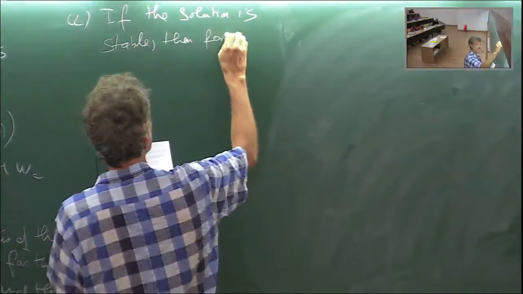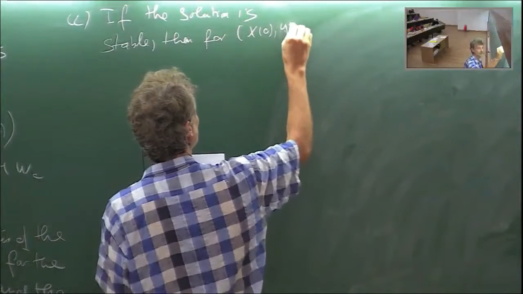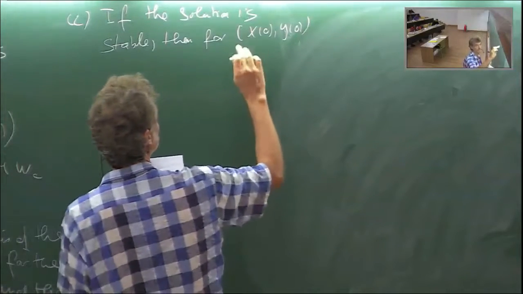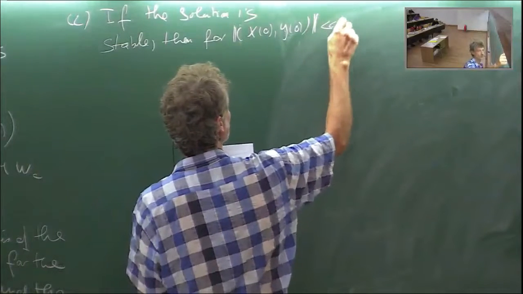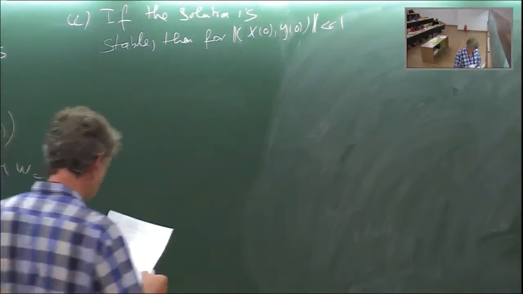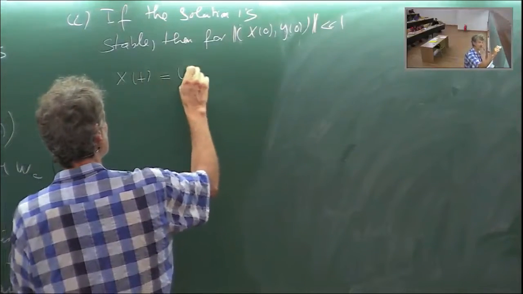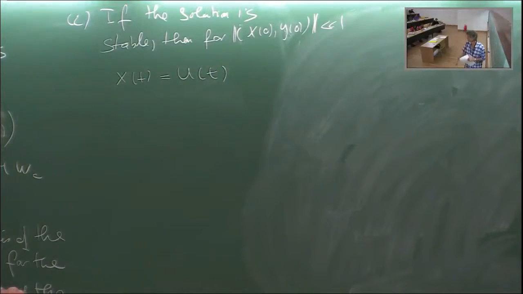then for, let's say, x naught and y naught at time t equal to 0 sufficiently small, so sufficiently local, x of t is equal to u of t. Well, almost. I mean, it's an approximation, but it's a very good approximation.